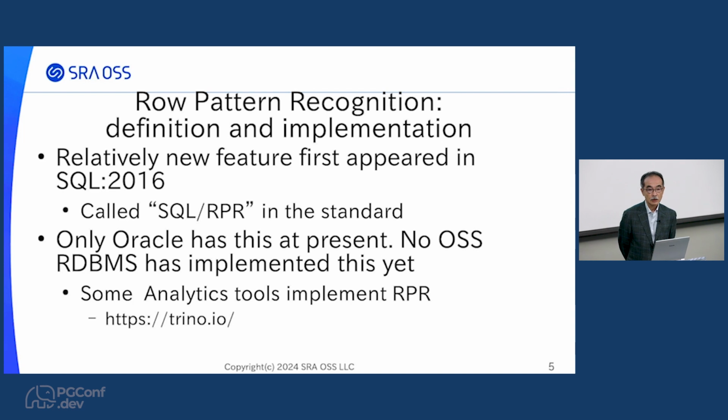And currently, there are very few implementations of this feature. I think the only implementation for now is in Oracle. No open source database has implemented this one yet. However, some analytics tools, including Trino, have already implemented RPR.